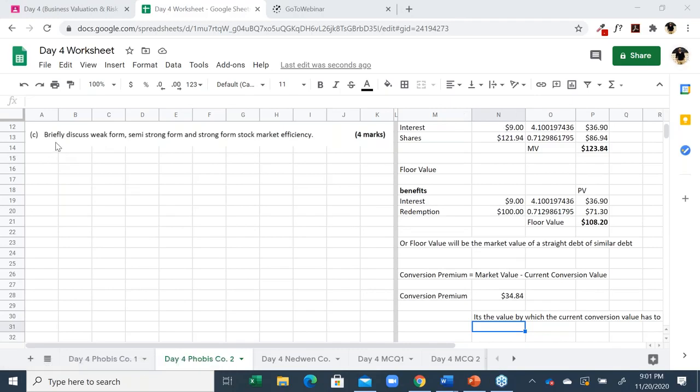The last part of the question is: briefly discuss weak form, semi-strong, and strong form market efficiency.